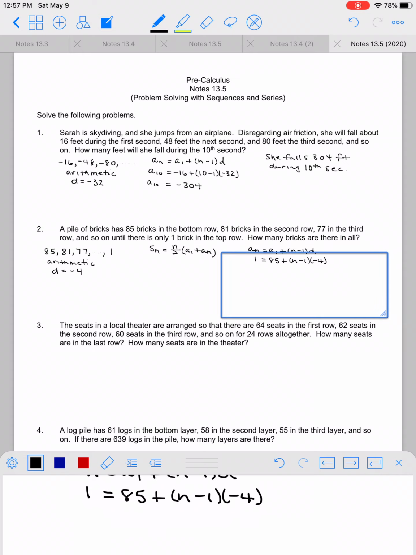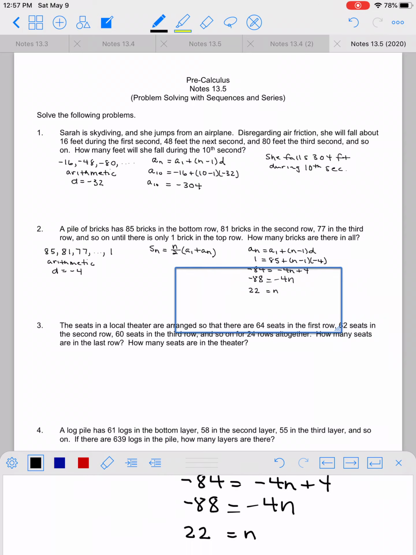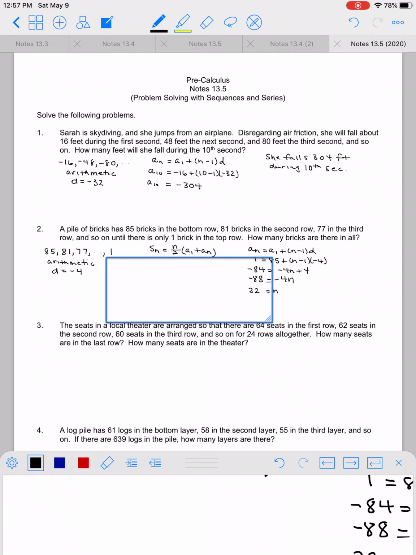So plug and chug. Now we're going to solve the algebra equation. This gives me negative 84, and this gives me negative 4n plus 4. When I subtract, I get negative 88 equals negative 4n. And so n is 22. That means there are 22 rows in this brick pattern.